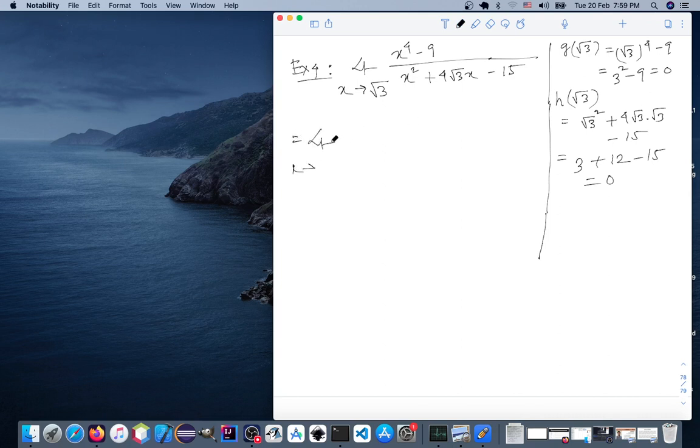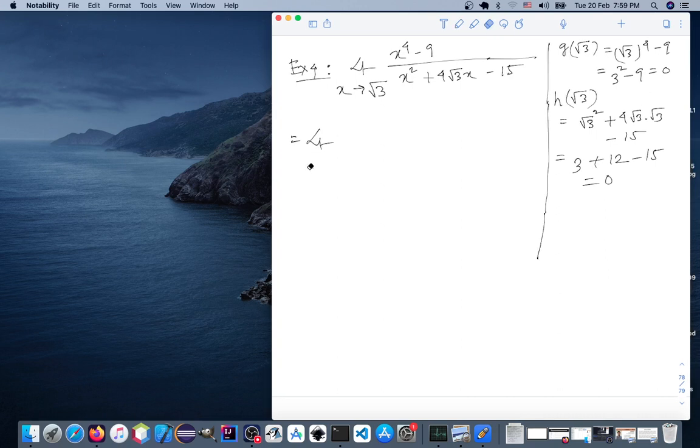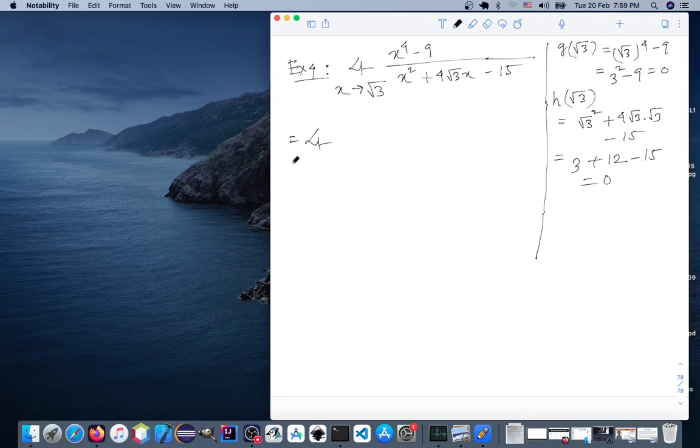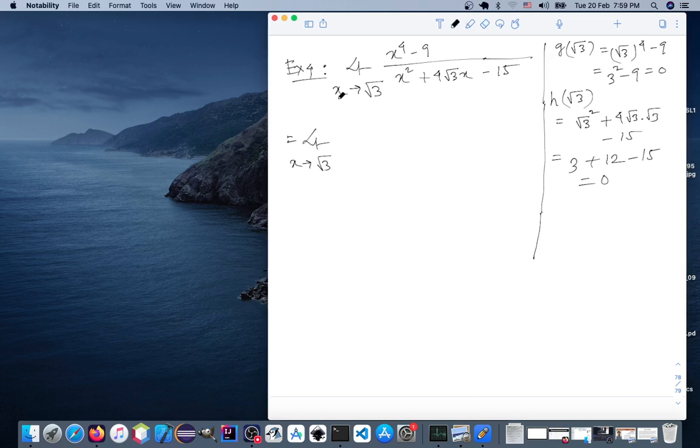X tending to root 3, over here we can write x square minus 3, using a square minus b square formula, as x square minus 3 into x square plus 3.